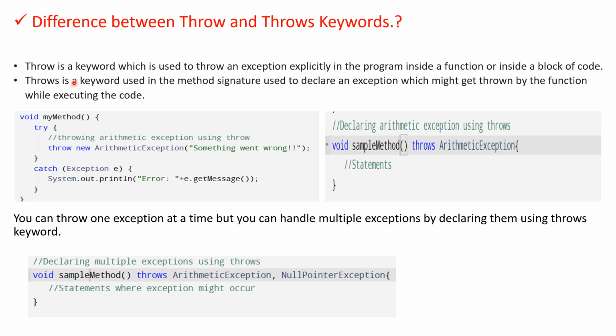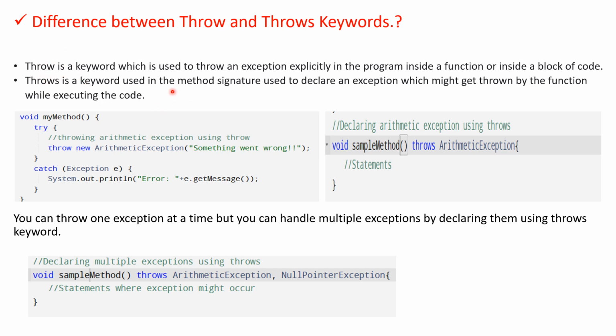And throws is also a keyword, used in the method signature to declare an exception which might get thrown by the function while executing the code. throw is used inside the program, like when we are dealing with sensitive information, we have a try catch block, and in that we use the throw keyword.